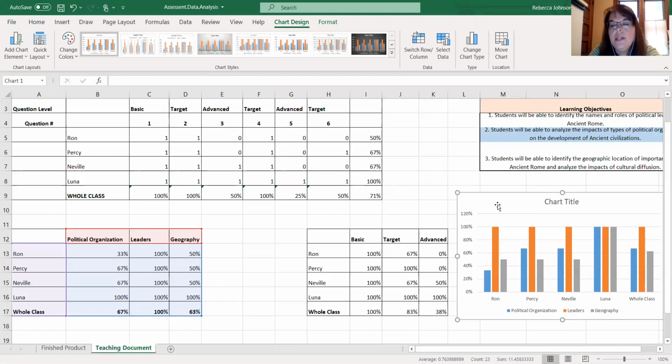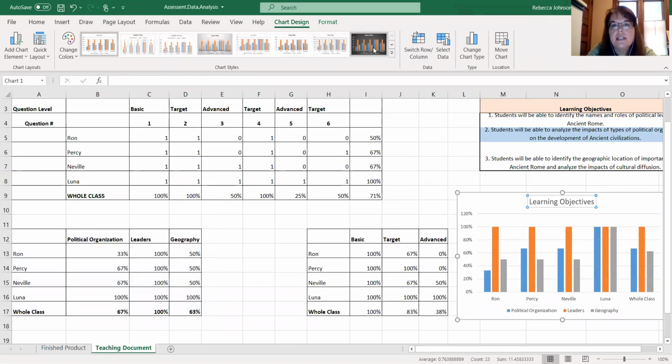Now, once I have a chart here, I'm going to click in here and I'm going to say learning objectives, right? Because this is about learning objectives. Now, there are different ways. I might be thinking about this on a student level data, but I want to think about it as learning objectives.